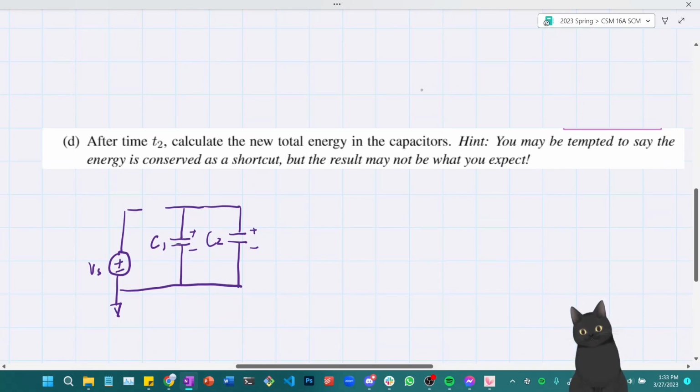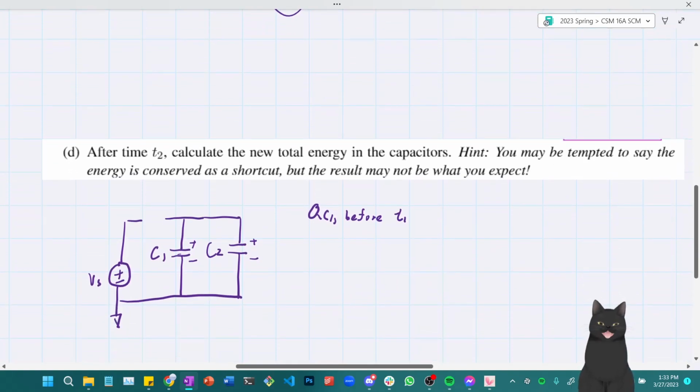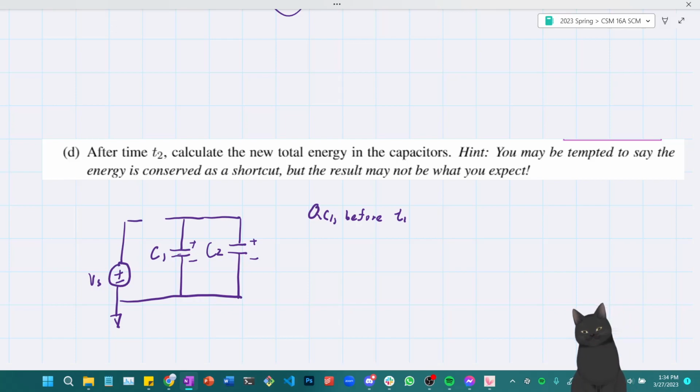But also I have QC1 before T1 here, and that's the amount of charge that I can store on C1 before I turn the switch of T1 and T2. But after I turn the switch of T1 and T2, there's still nowhere else for the charge to escape to. For example, right after T1 and before T2, the circuit looks like this, and the charge of C1 is going to be kept on the plate of C1.